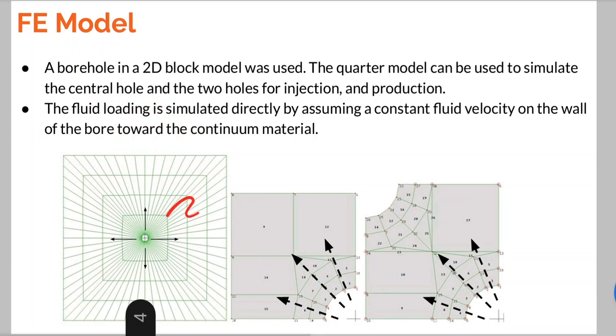The fluid loading is simulated directly by assuming a constant fluid velocity on the wall of the bore toward the continuum material. That means we have simulated the constant pressure inside the hole and toward the wall of the hole.